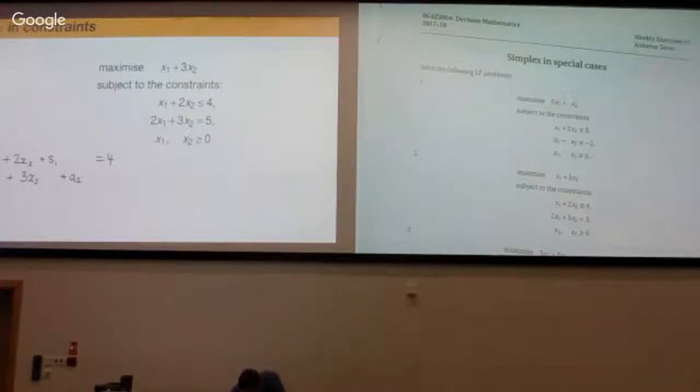And then, of course, you have the objective, so z minus x1 minus 3x2 is 0, and what do you get for g?